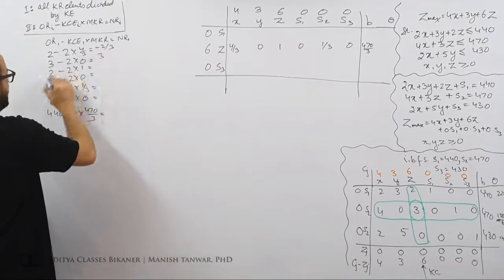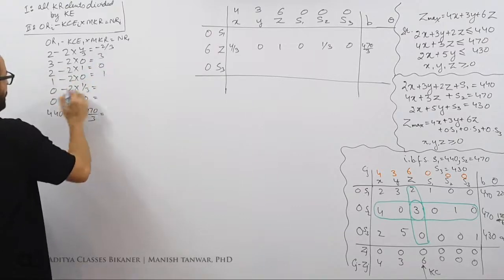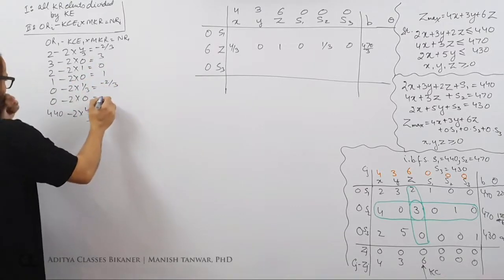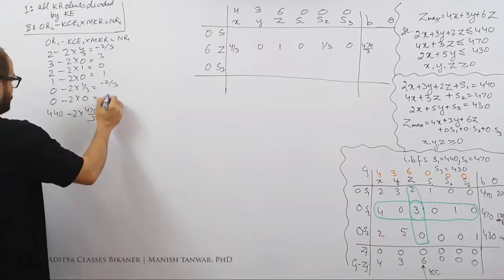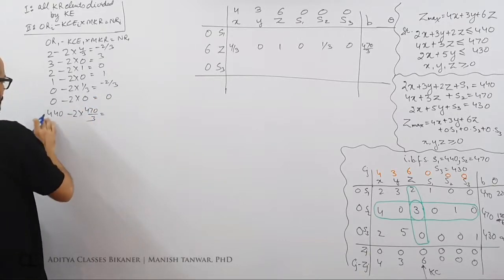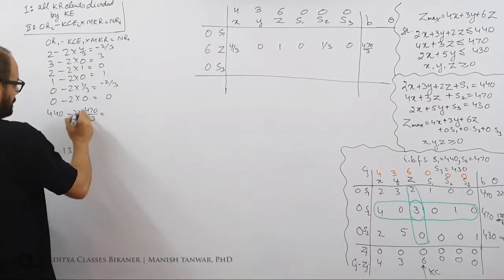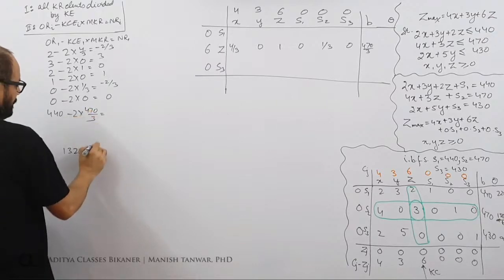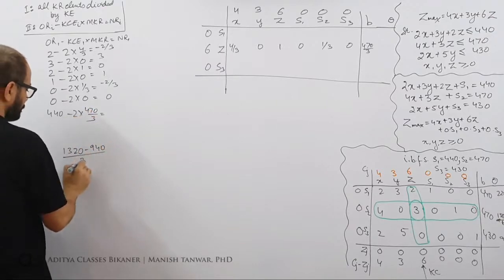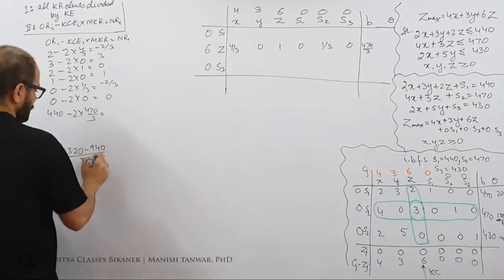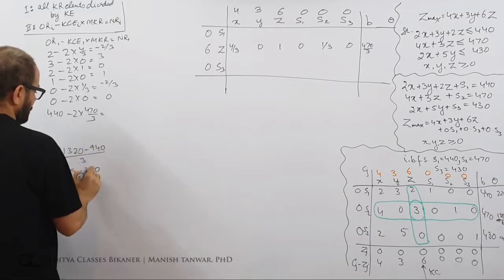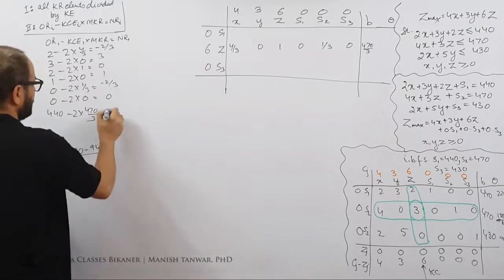This will become 3, this will become 0, 1, and 440 multiplied by 3, 3 fours are 12, minus 940, so you'll get 0, then 12 minus 9 would be 3, 380 by 3.